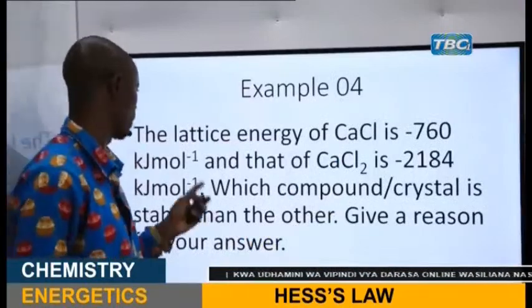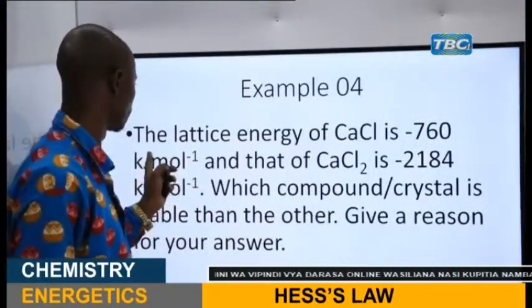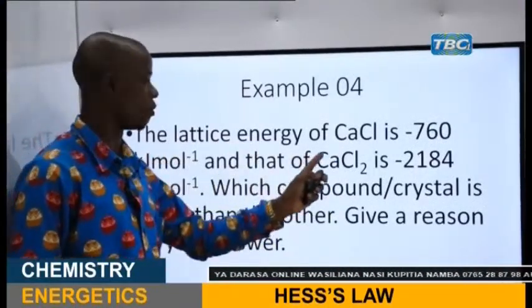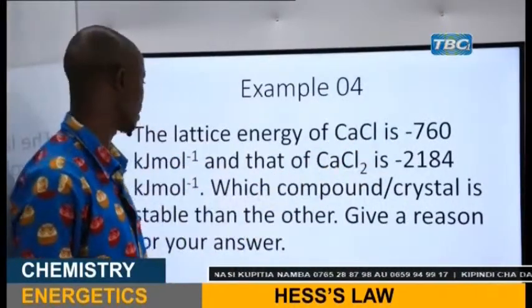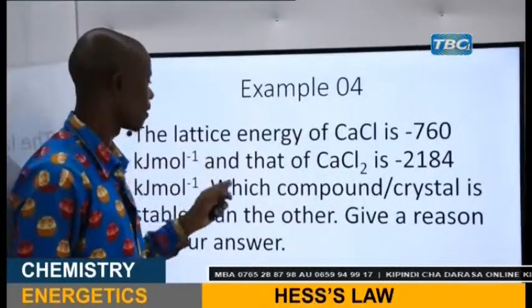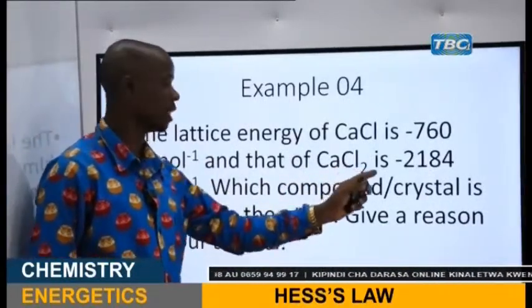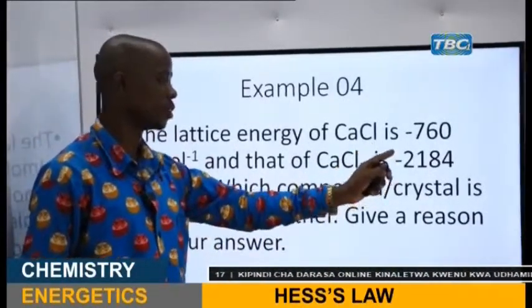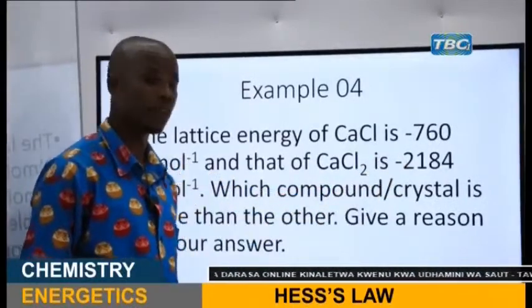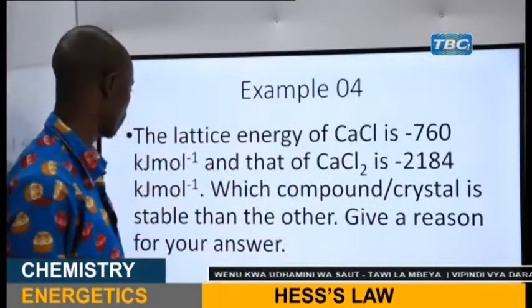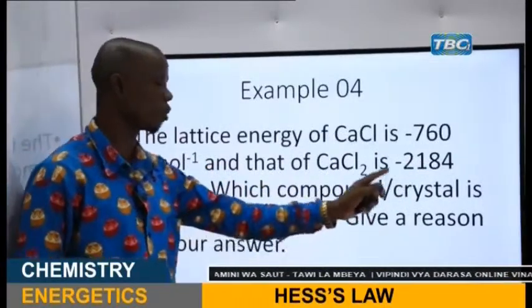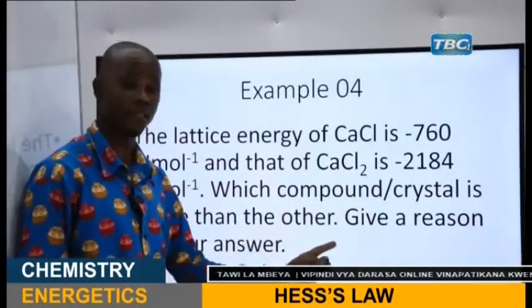My dear students, another example here: the lattice energy of sodium chloride is given as negative 760 kilojoules per mole, and that of calcium chloride is negative 2,184 kilojoules per mole. Which compound or crystal is more stable than the other?